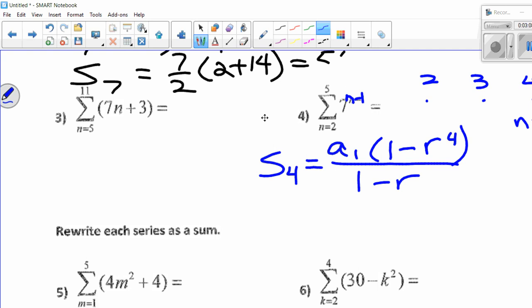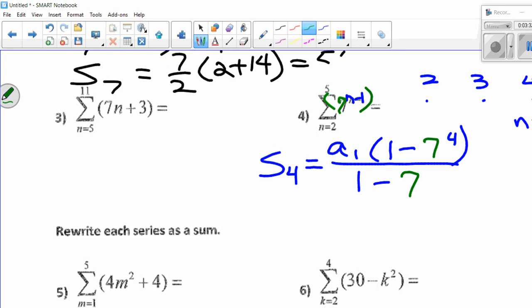Well, this right here, this 7, that is my r. All right, so I can make that r be a 7. I know my common ratio is going to be 7, from how it was set up in this function.